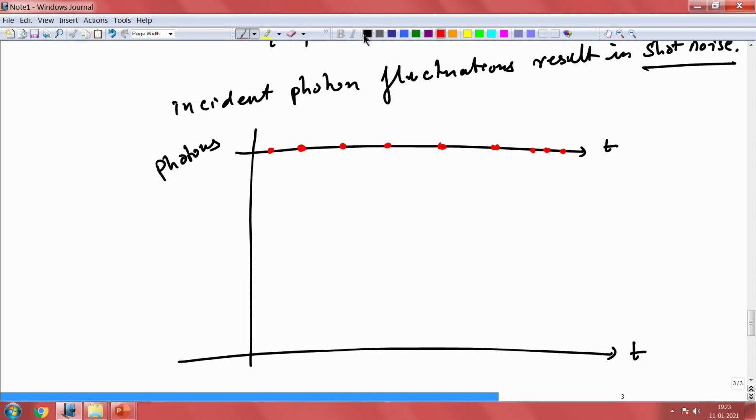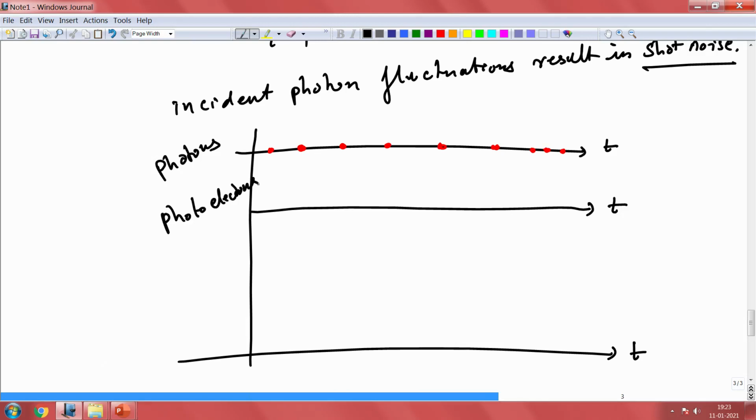Once the photons come in, the next thing that is going to happen is the photoelectrons, the charges. You are going to create these charges, but you are not going to generate charges for all the photons that you get. There is a statistics associated with this, and that is your efficiency.